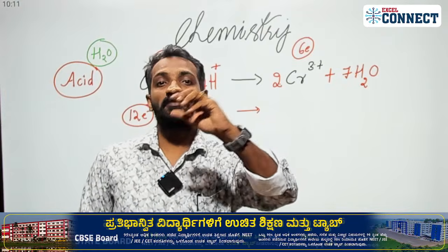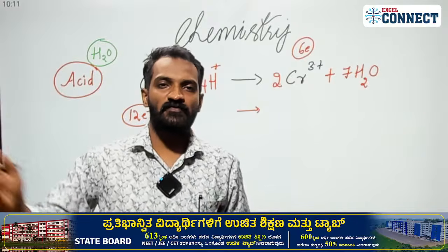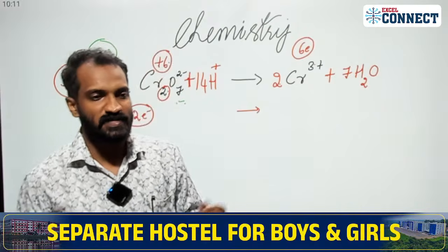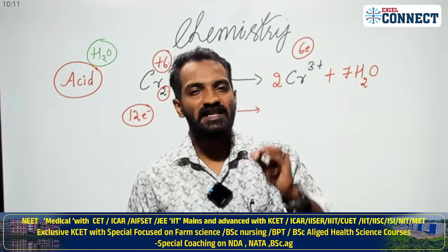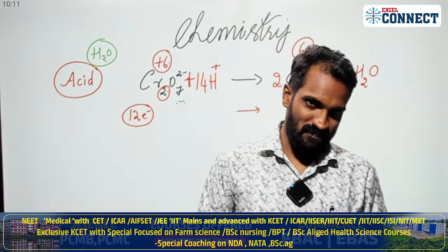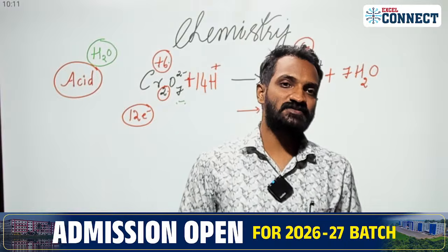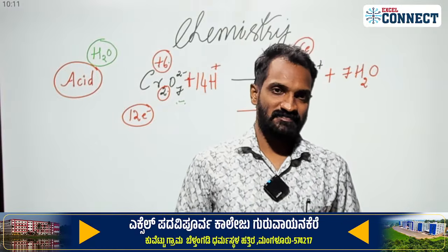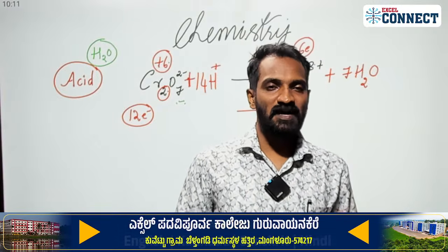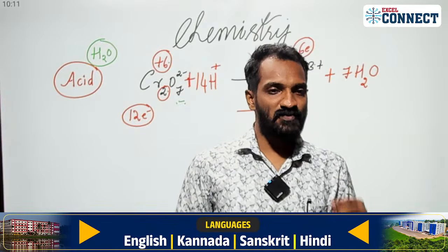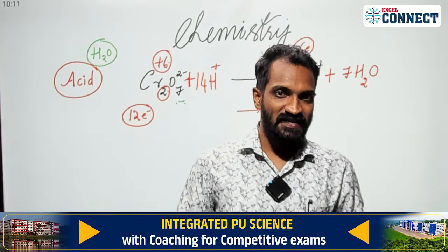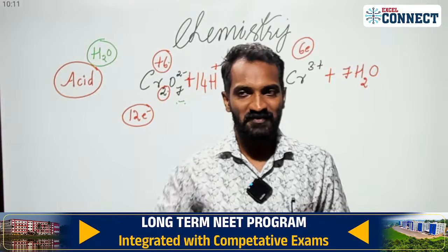Imagine one of your friends needs 12 apples, and another friend needs actually 6 apples. How to balance the two? Just forget about the apple part.